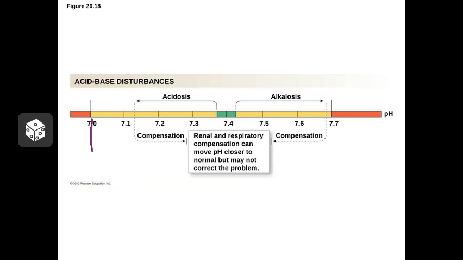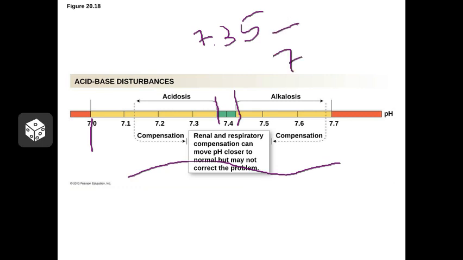But our plasma is slightly alkaline, and the normal range is between 7.38 and 7.42, or in your textbook, 7.35 to 7.45. This is from the other textbook. And so Dr. Silverthorne's range is more narrow.